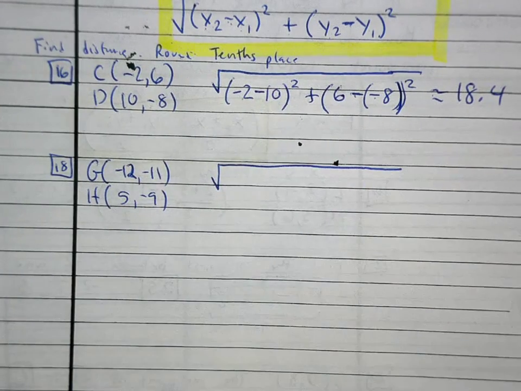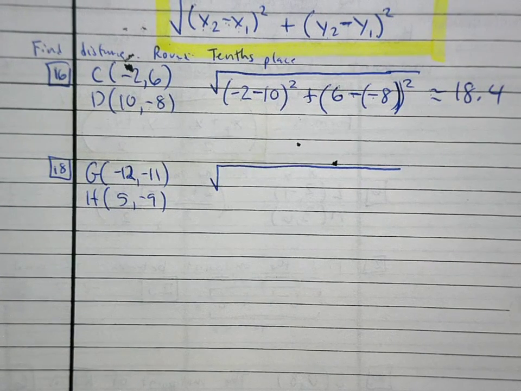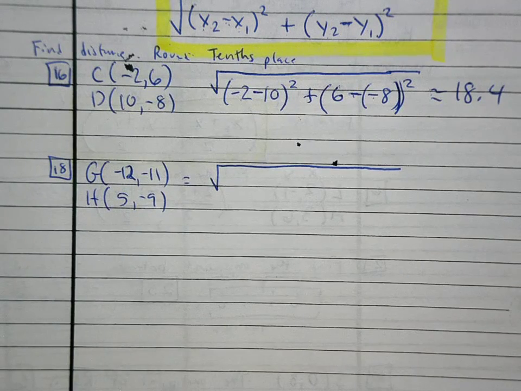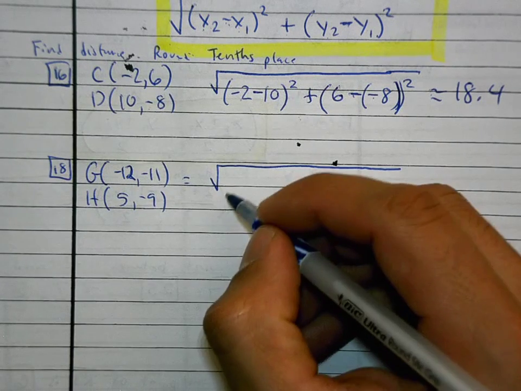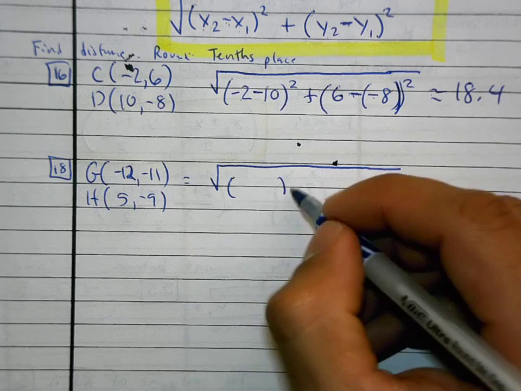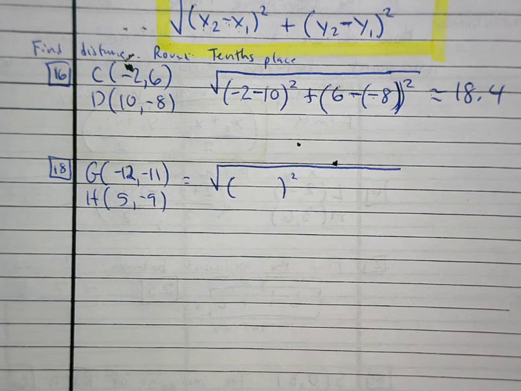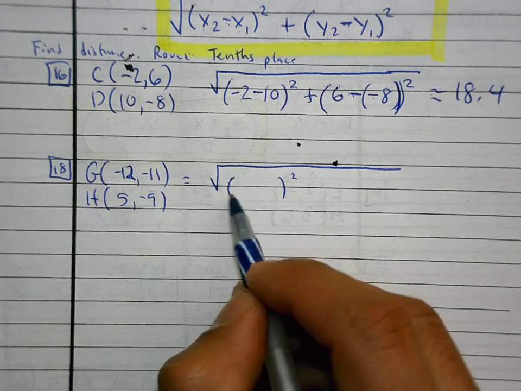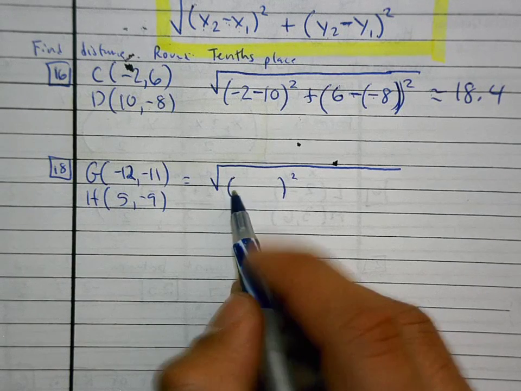So let's see. I'm going to put a big, gigantic square root. Then I'm going to have parentheses squared right there on the left side. So tell me what's the first number I'm going to put right here. Negative 12. Good.